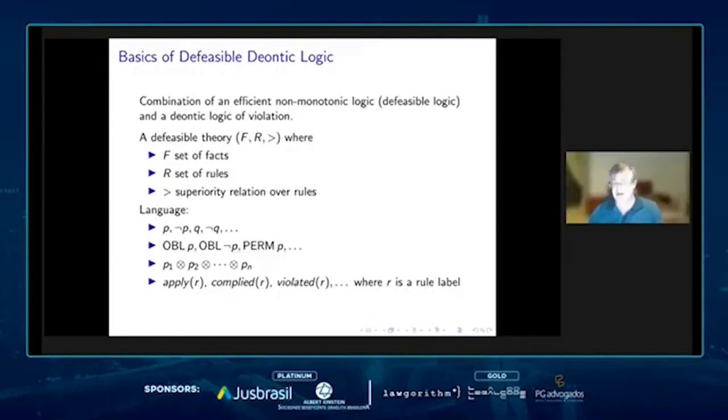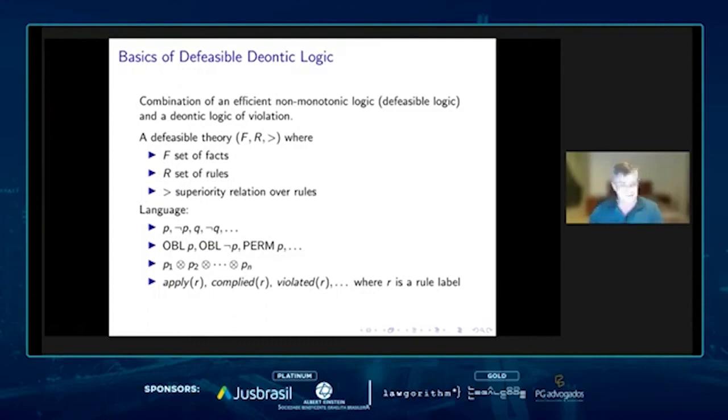The superiority relation is an internal mechanism to describe the relative strength of rules in case the rules are for opposite conclusions and they both fire at the same time. So we can determine that one rule overrides the other, and then we can discard one of them.